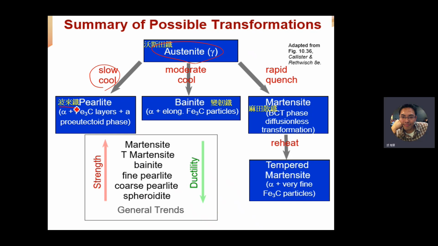What is a pearlite structure? It is an alpha ferrite and cementite layered structure, along with the proeutectoid phase.